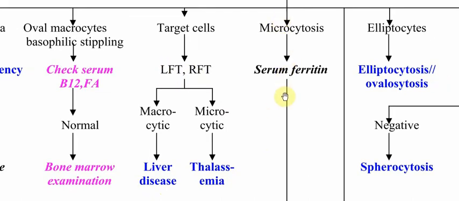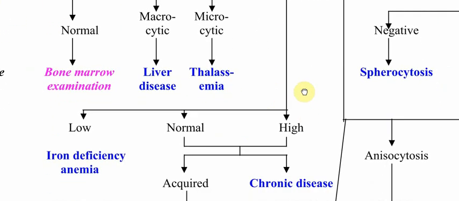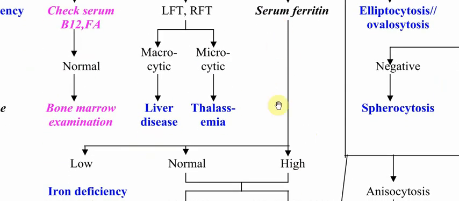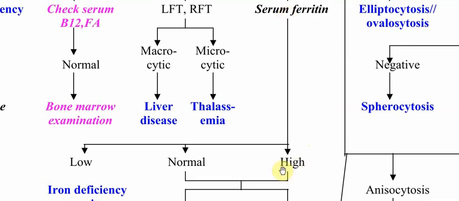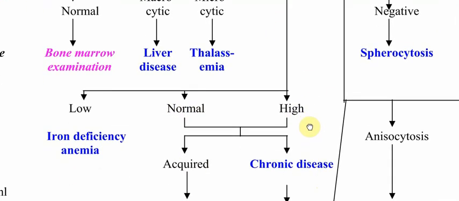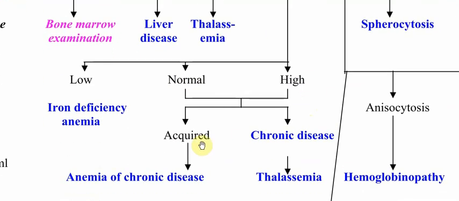If there is microcytosis, then we check serum ferritin levels. If serum ferritin levels are low, it's iron deficiency anemia. If serum ferritin is normal or high, then it could still be acquired or chronic disease.